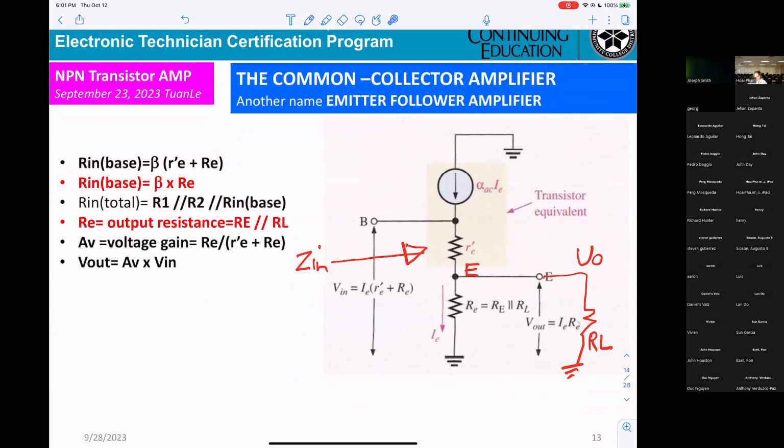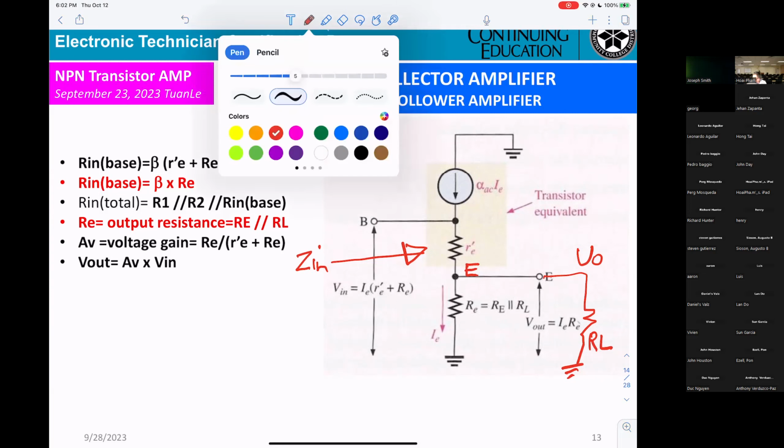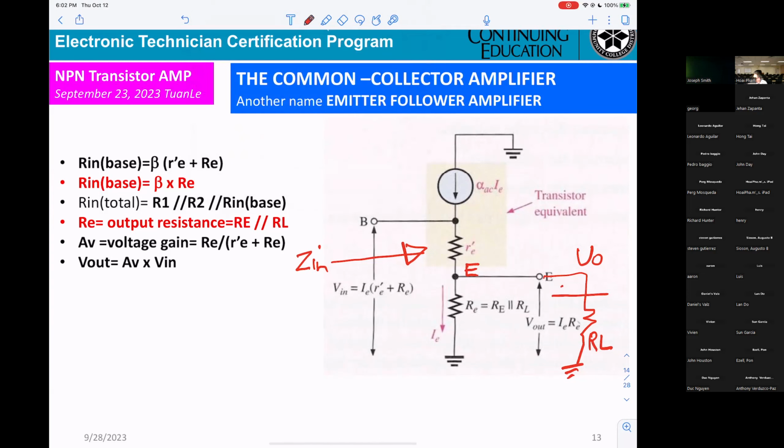Okay. That is what we're talking about, R in. When we're talking about AC, you get R in, then you have to know R out. R out means from the output, you're looking into the amplifier. That's what they call R out.